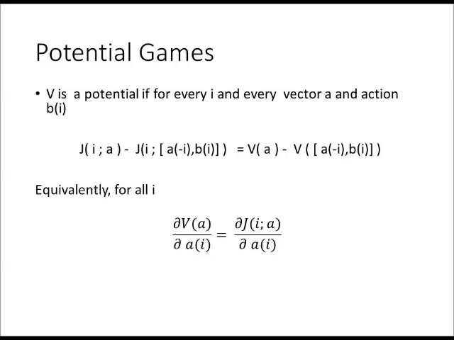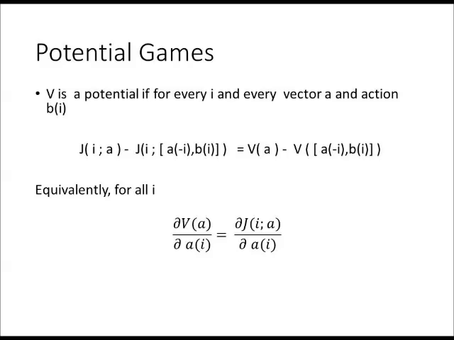Here is a more formal definition of a potential. V is the potential of a game if for every player i, every vector of actions a and any deviation for that player i from a_i to b_i, the difference of the utility of player i evaluated at a and evaluated at the deviation from a equals the same difference between the potential at a and the potential at the deviation from a.